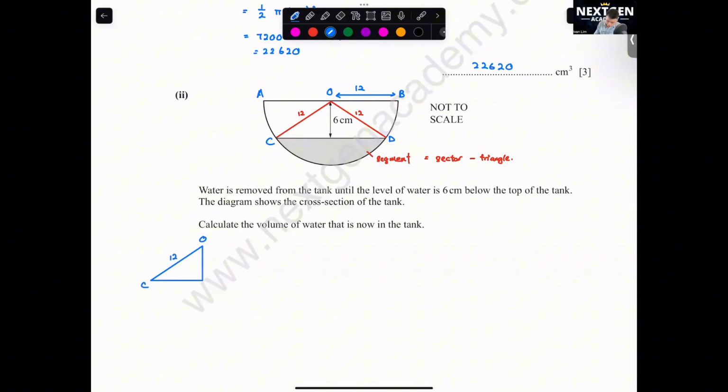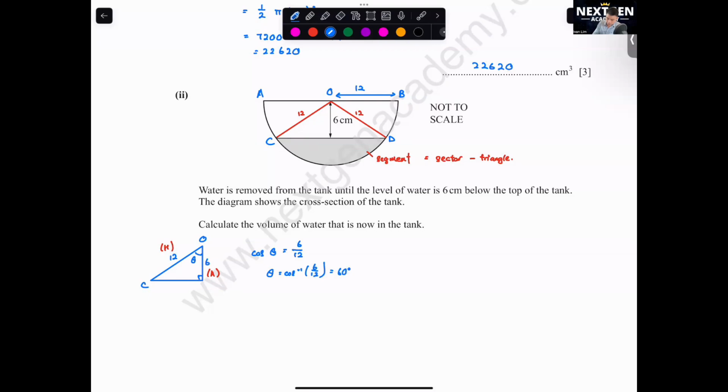CO, we've got 12, we've got 6. Let's find the angle here. This angle, this will be adjacent, this one hypotenuse. So cos theta equals 6/12. Theta is inverse cos 6/12, which equals 60 degrees.